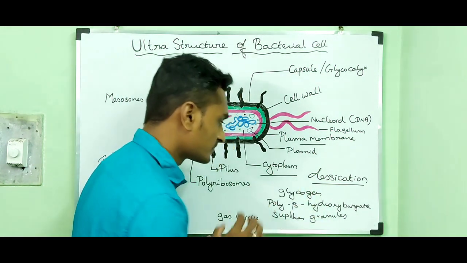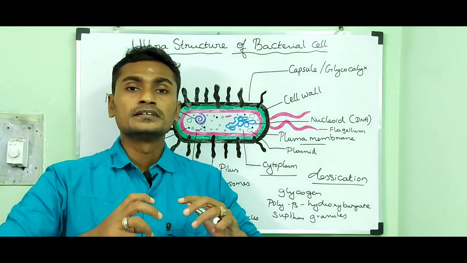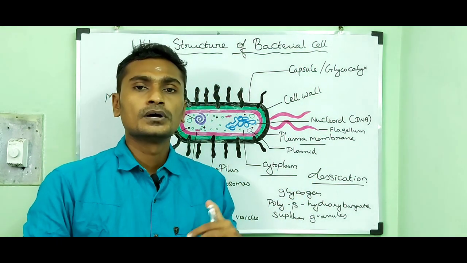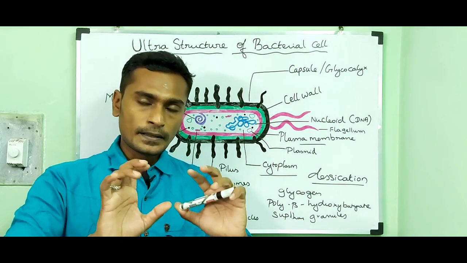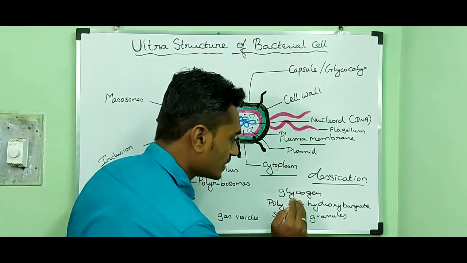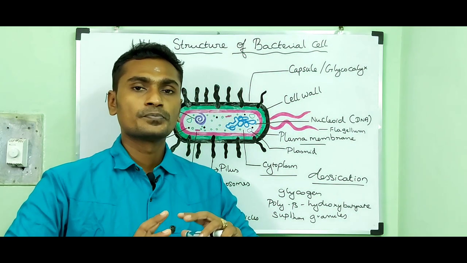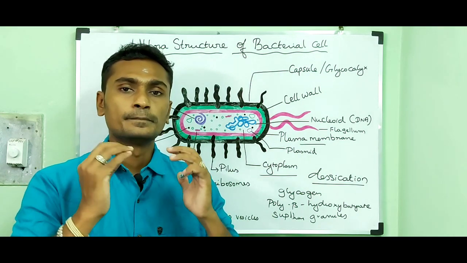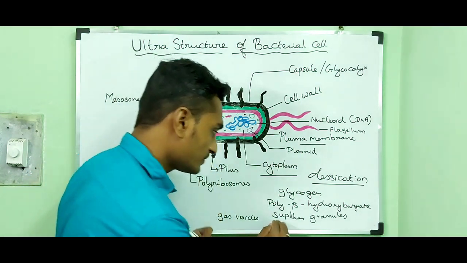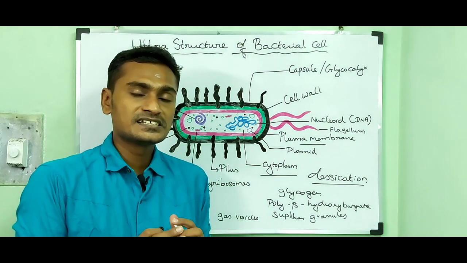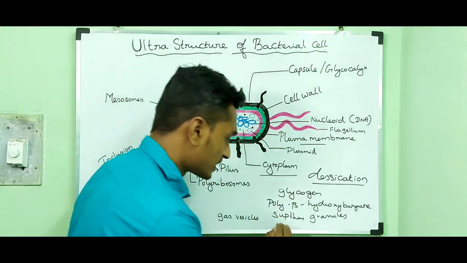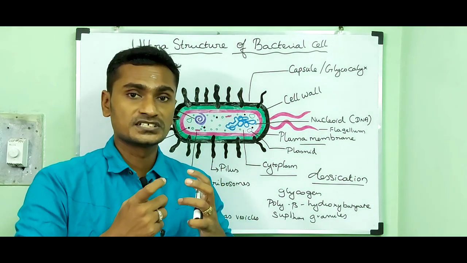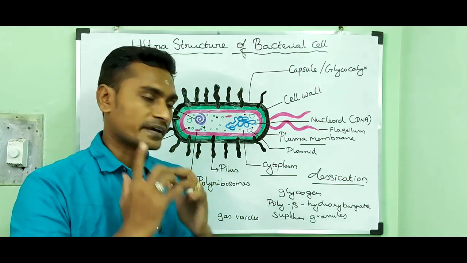Glycogen can provide energy when the bacteria is in need of energy. Glycogen is converted into glucose and it provides energy to the bacteria. Polybeta hydroxybutyrate also acts as an energy provider when the bacteria is in need. Sulfur granules mean aggregation of microorganisms.